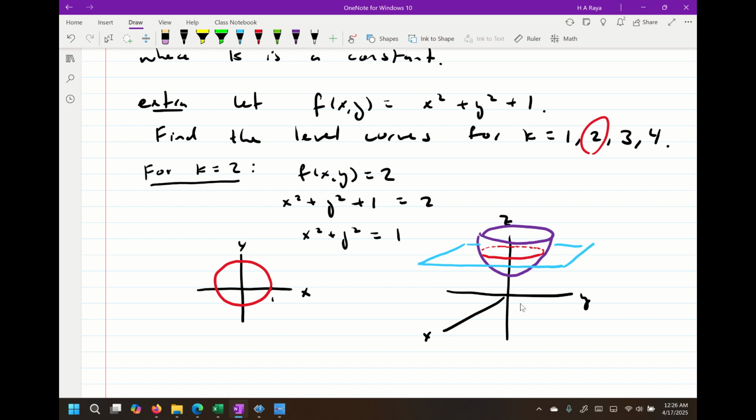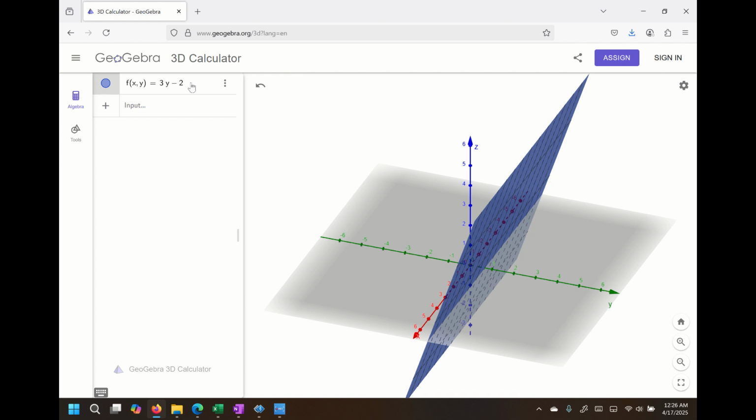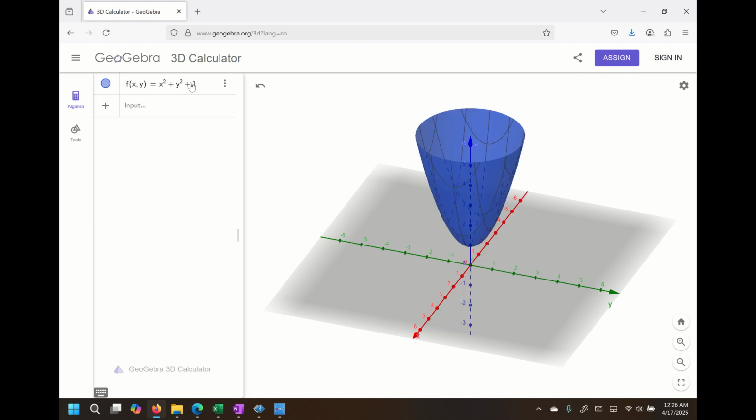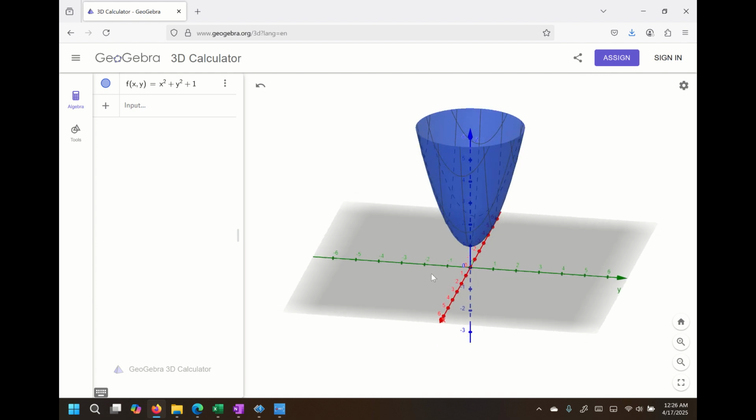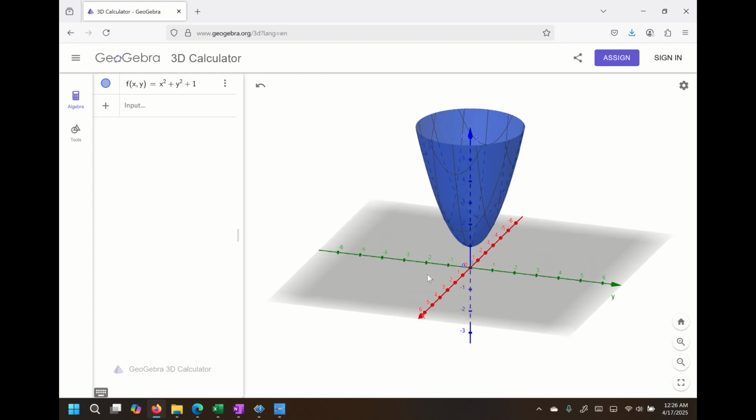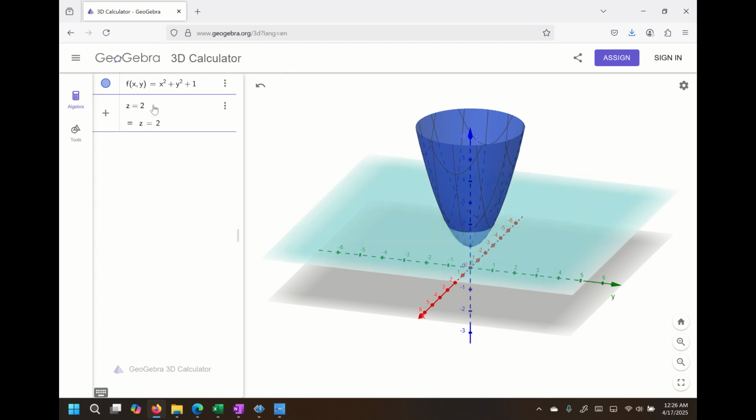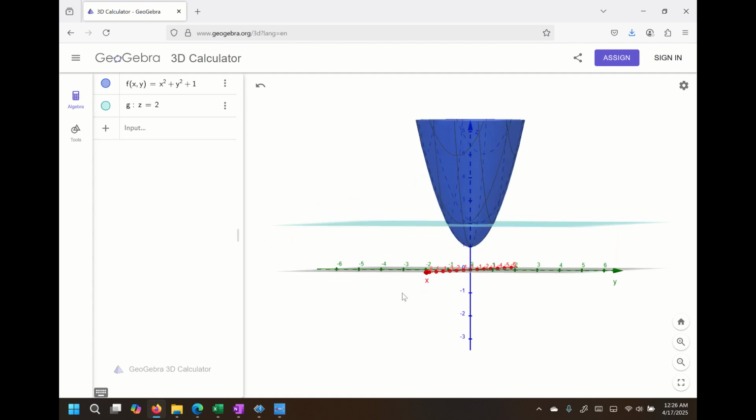To get a clearer understanding of these graphs, let's take this to GeoGebra 3D. So in GeoGebra 3D, I can graph out my x squared plus y squared plus 1. And that is my paraboloid. And let me graph out z is equal to 2. This is my plane.